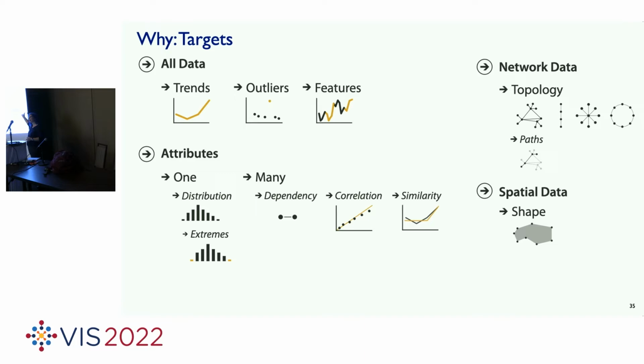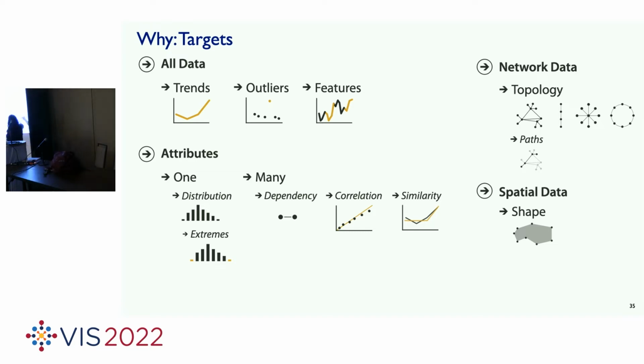Now, there are some kinds of questions you ask about particular data types. For example, in a network of nodes connected by links, you could ask questions about its topological structure. How are things connected? A particular special case of that is finding paths through that topological structure. Another key question is shape. What is the shape of something?